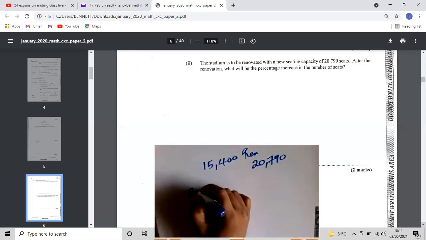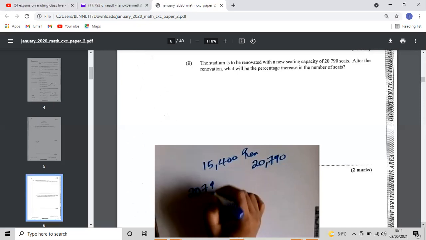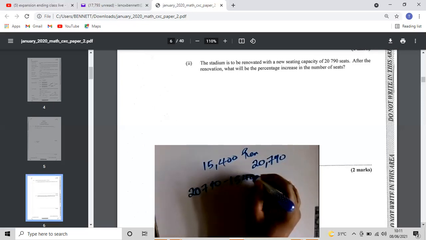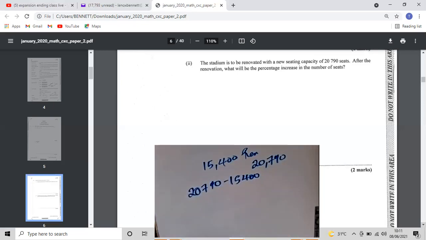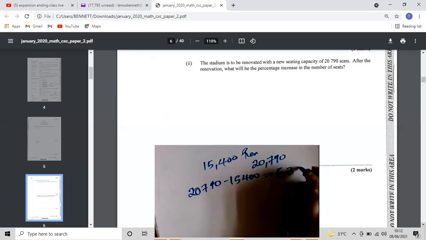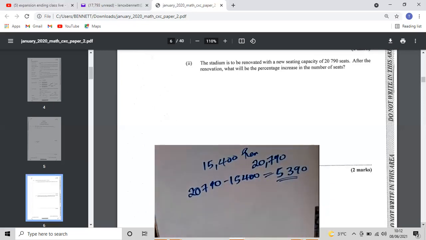So we need to find the difference, how many more it's going to increase by. That's 20,790 minus 15,400. Again, I'm using the calculator because it requires you to use a calculator. Time is of the essence in this paper too, so make sure you have a calculator and get familiarized with it. That gives me 5,390. This is the increase that it can hold after renovating.